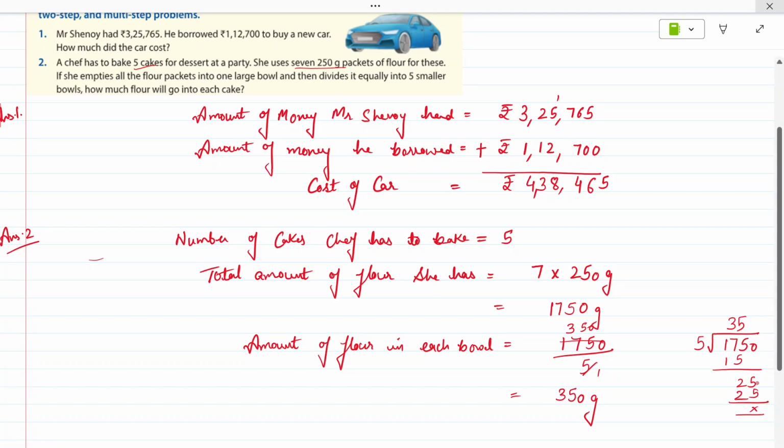Okay, and then this 0 will go here, so this is 350 grams. I hope this is clear. Again, I am repeating. The total number of cakes to be baked is 5. Total amount of flour is 7 250 gram packets. That means 1750 grams in total. And then we have to divide it equally into 5 bowls. Okay. In each bowl, it will be 350 grams. Next.